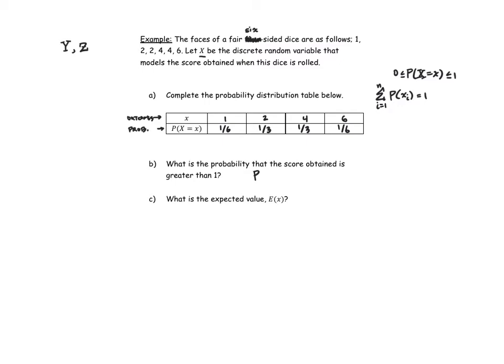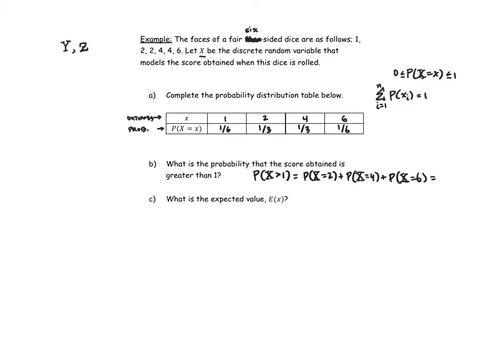So the probability that the score obtained is greater than 1 would equal the probability that the score obtained was 2, plus the probability that the score obtained was 4, plus the probability that the score obtained was 6.